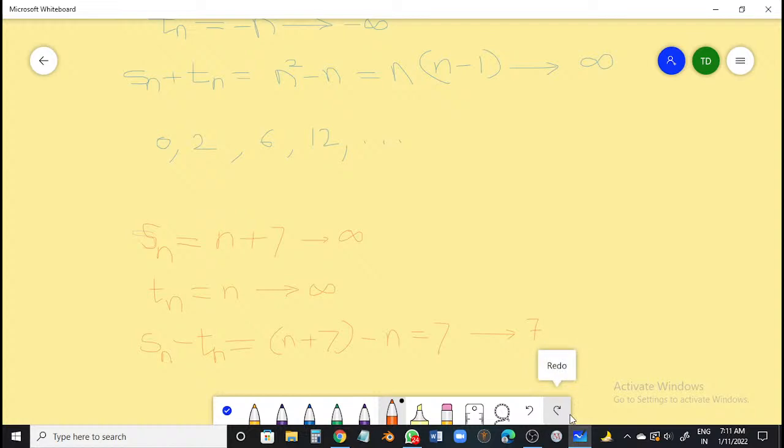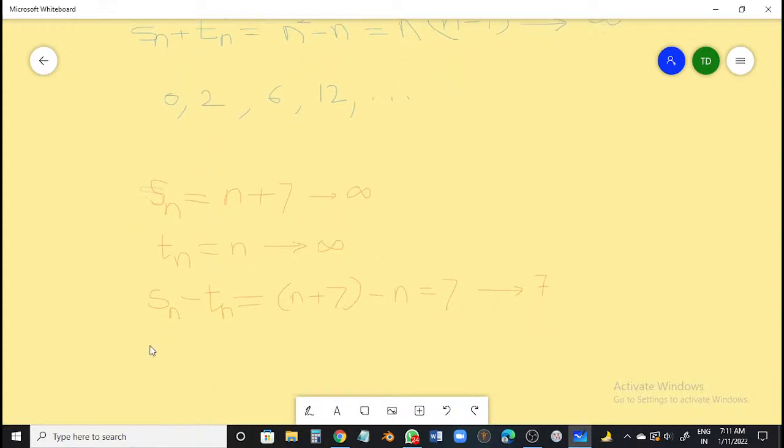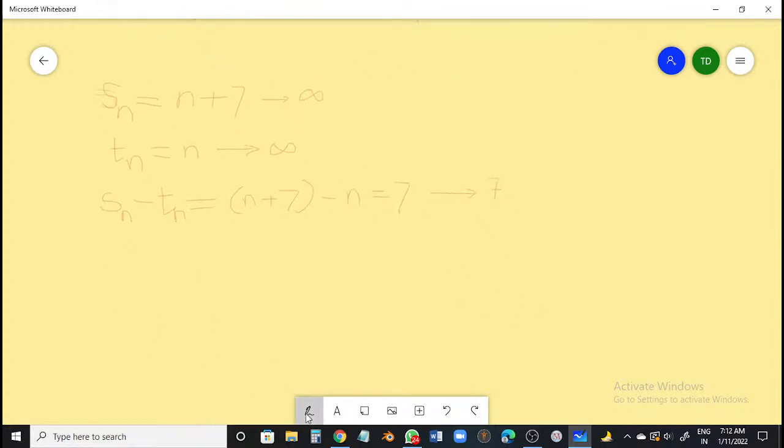If the sequences are going to infinity, the difference might not be divergent, it may turn convergent. So we have constructed this example. You can find another example also. I hope it is quite simple to construct such kinds of examples.